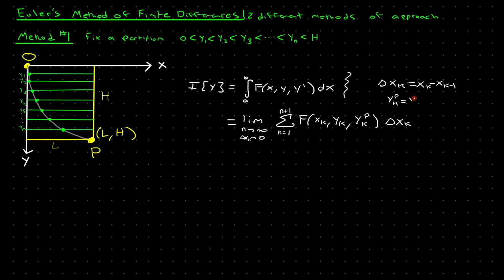However, we're going to choose yk prime to be the backwards difference at the point when we're summing from 1 to n here, which is going to be yk minus yk minus 1 over xk minus xk minus 1. There are many different ways of approximating the derivative. However, this backwards difference formula is going to be the nicest thing to use for illustrating this method.